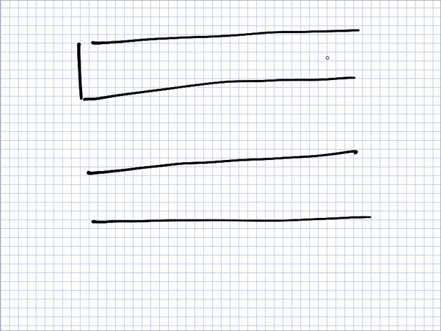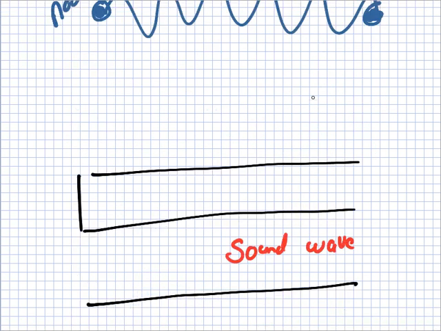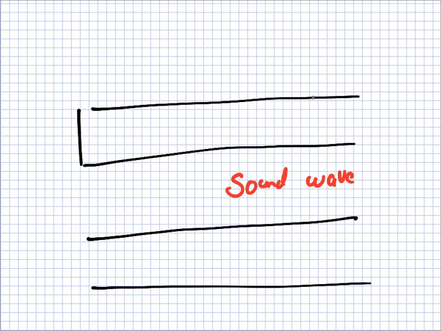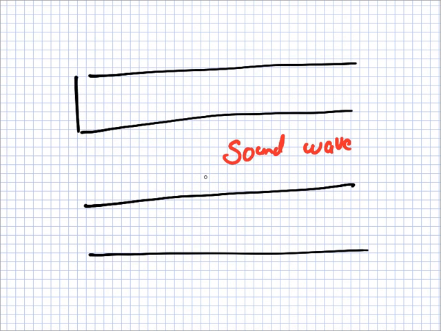Do we have nodes or antinodes? If you have a sound wave inside these pipes, it's a bit like the guitar string, except we need to think about what we have at the ends.